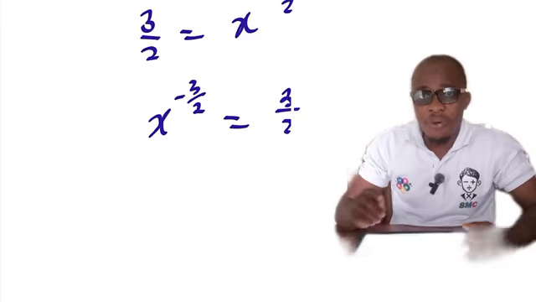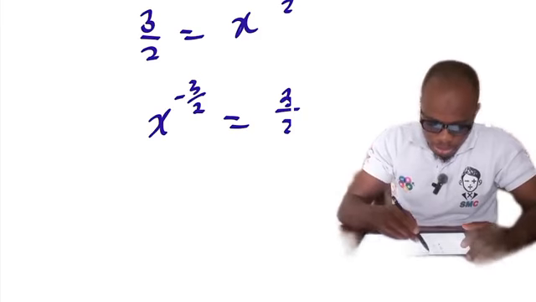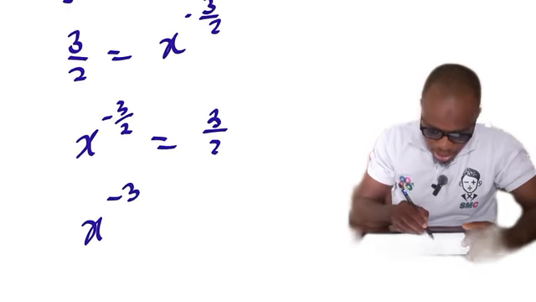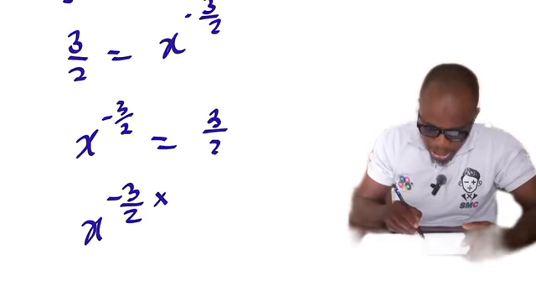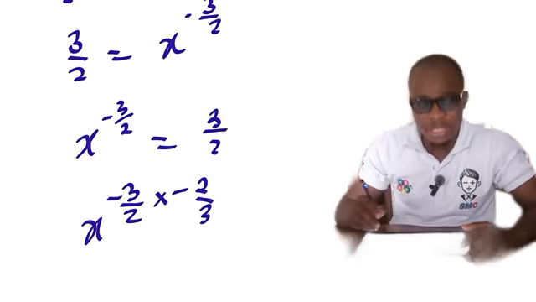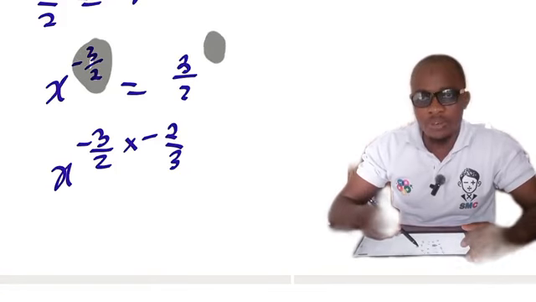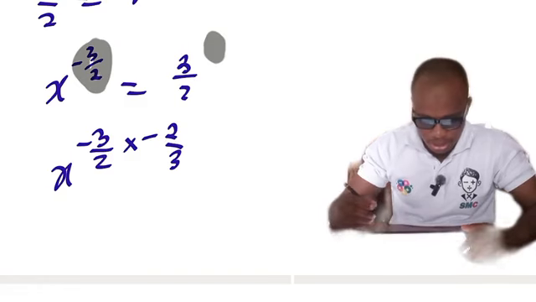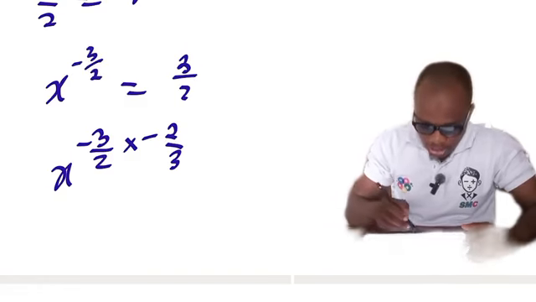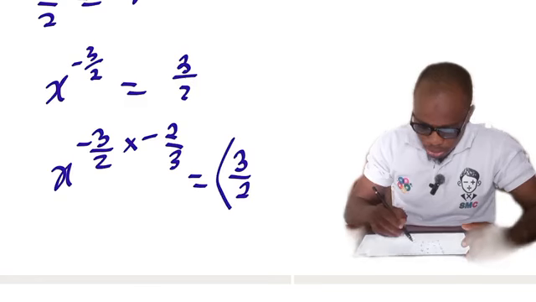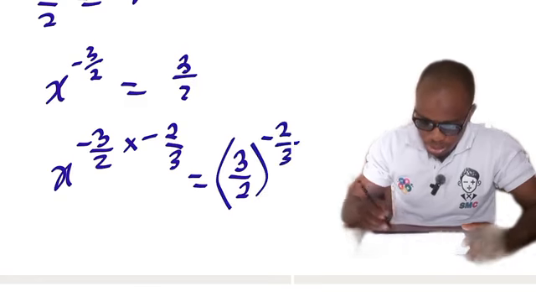Understood? So therefore, I'm going to multiply both sides of the equation: x to the power of minus 3 over 2 raised to the power of minus 2 over 3. I do the same to the right hand side, so I will have 3 over 2 to the power of minus 2 over 3.